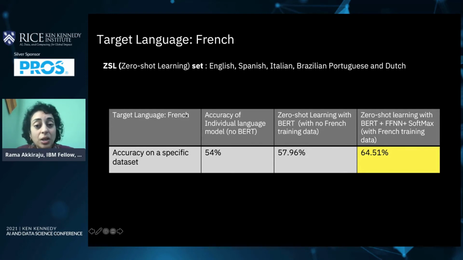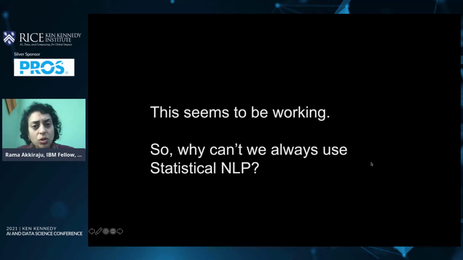We didn't have any labeled data for French at all for sentiment prediction. So we just took BERT and put it to use and said, hey, can you predict the sentiment, positive, negative, neutral? And it was doing not badly, actually, 57.96% accuracy. But now on top of it, if we actually give it some labeled data in French, it does even better, 64%. So this seems to be working overall.